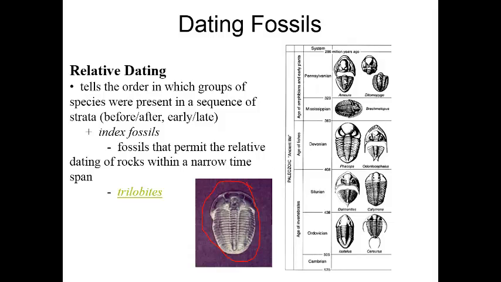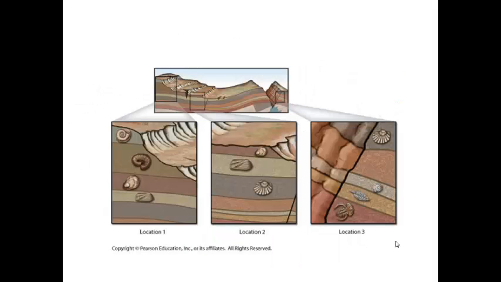There are many different species of trilobite that existed, and we know the exact time span by which that organism existed. So if we look at different strata of rock and we see the different trilobites in the different strata, if we find other fossils in that strata, we will be able to determine the relative time span in which that species existed.